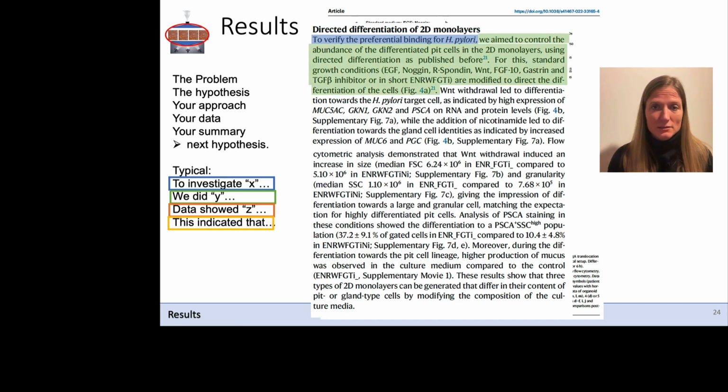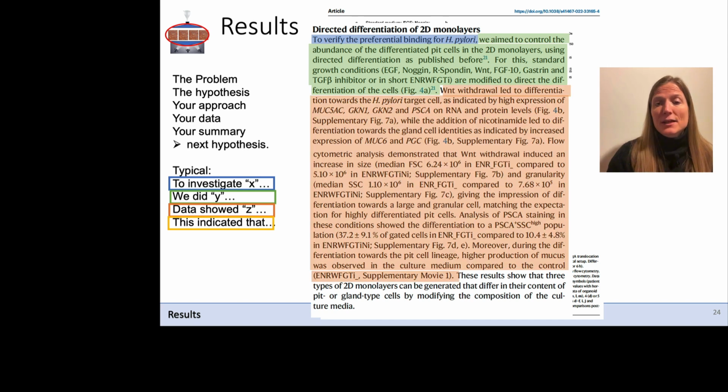Describe a bit more detail what exactly we did. And then showing what the data showed. And then the results show that 3 types of 2D monolayers are sort of our take-home message from this part, which leads us to the next logical step in the results section.